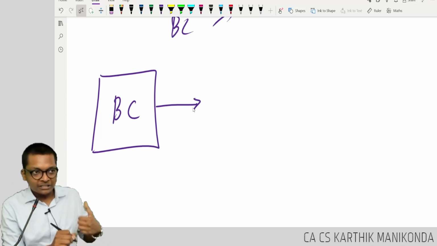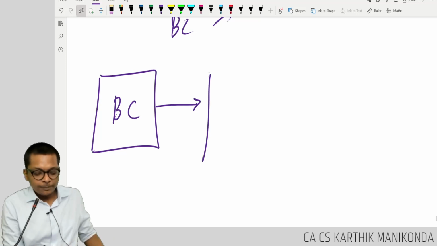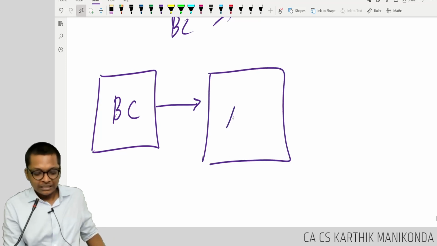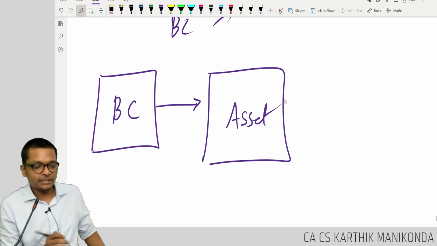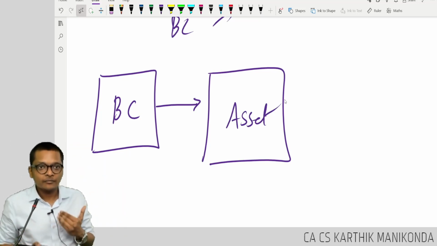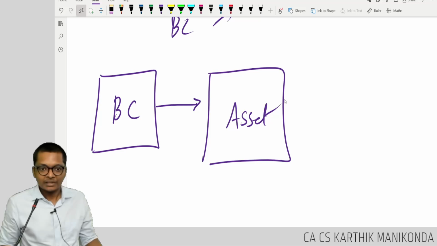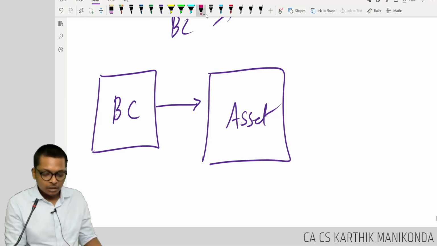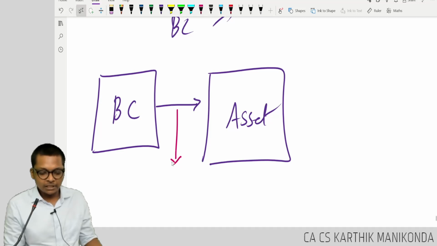Such a borrowing cost, such an interest, should be incurred for what? Creation of an asset. I'm just giving you a simple overview, the base. It should be for creation of an asset. Then only you ask the question, is the borrowing cost incurred for creation of an asset?